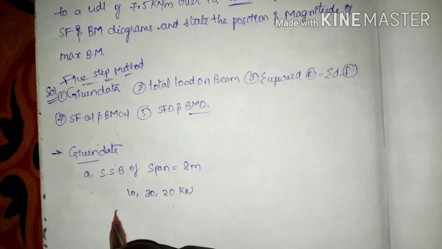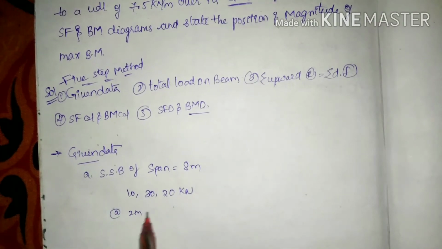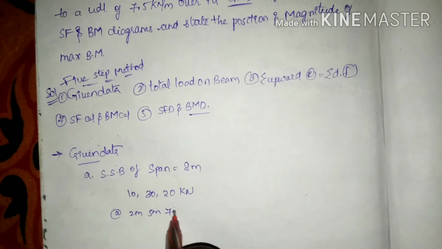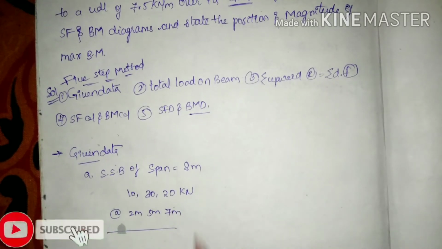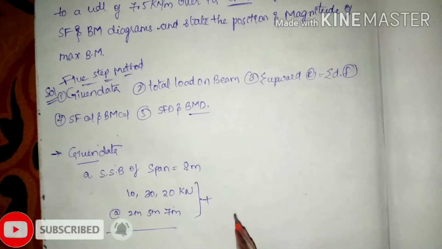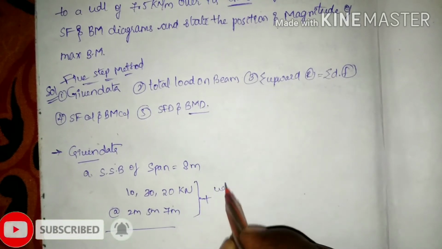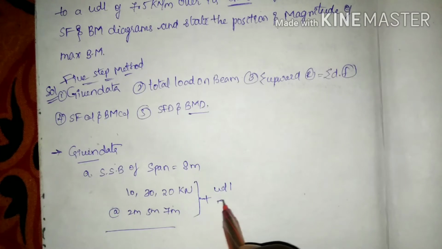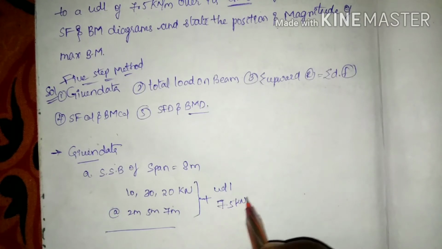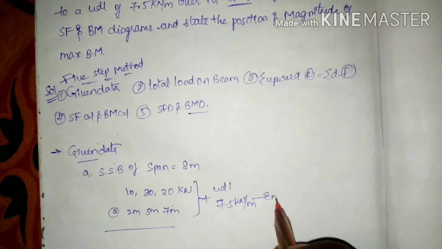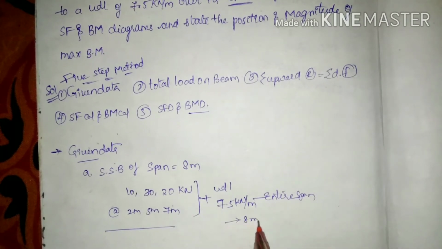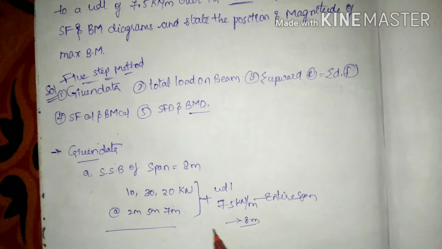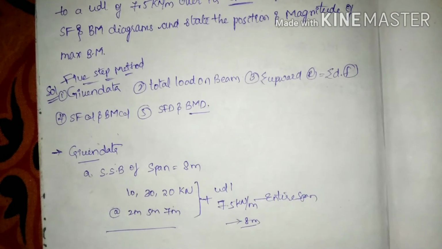These are acting at 2 meters, 5 meters and 7 meters respectively from the LHS. In addition, we have a UDL of magnitude 7.5 kilonewton per meter for the entire span, that is, the span of 8 meters. For the whole span the same UDL acts.